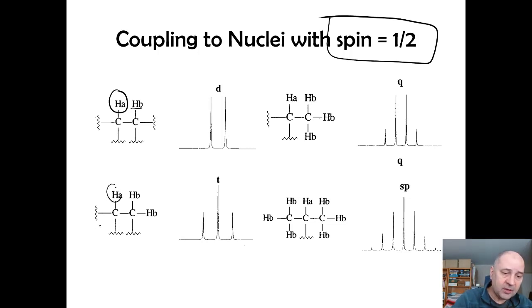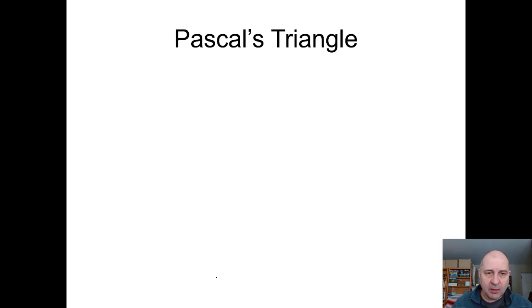If you have 2 nuclei, 2NI plus 1, like I said, N plus 1, so it's 2 hydrogen atoms that HA is coupled to, you see a triplet, and they are actually in a 1:2:1 ratio, and I'll show you how that works in a minute. Actually, why don't I do that right now and come back to that, right?